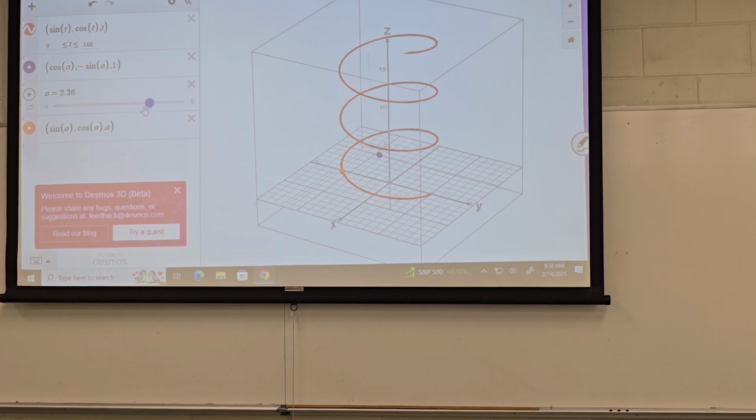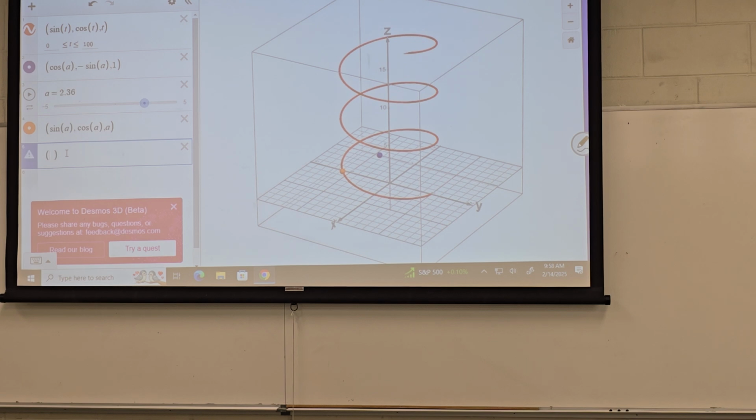So once I have my point on the curve, I now want to have a vector starting at the point, and I will name these things to make life easier. There we go. So this is our tangent vector.